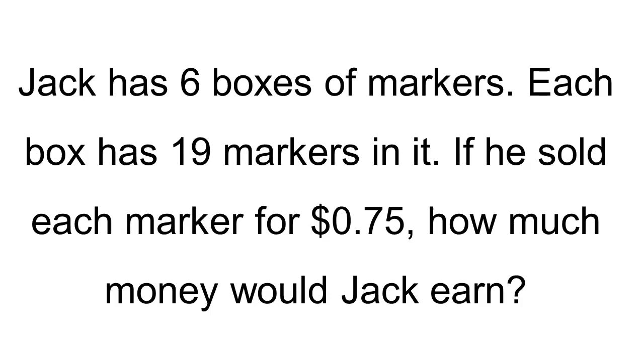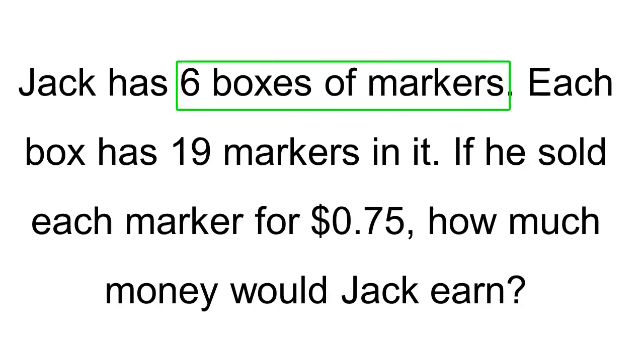So I'm going to read it one more time and then we'll mark it up. Jack has 6 boxes of markers. Each box has 19 markers in it. If he sold each marker for 75 cents, how much money would Jack earn? So we know that Jack has 6 boxes of markers.